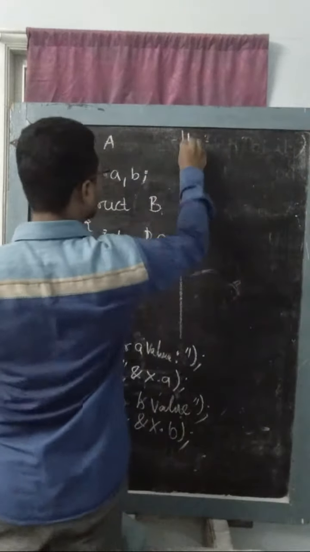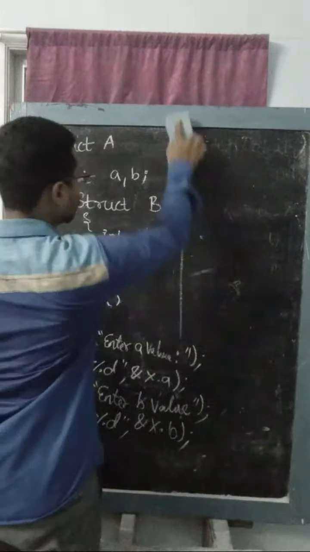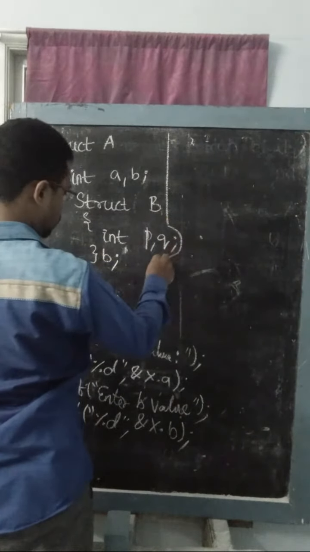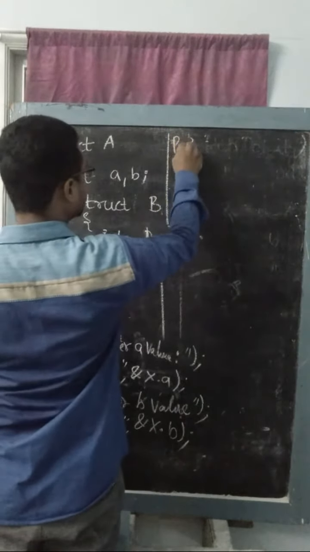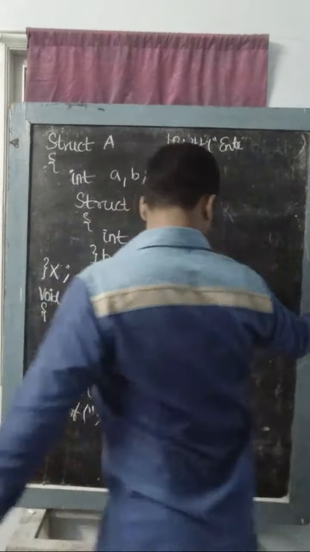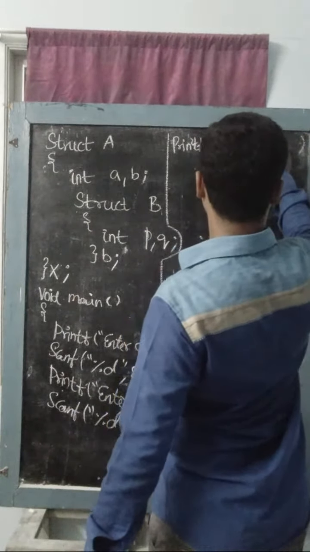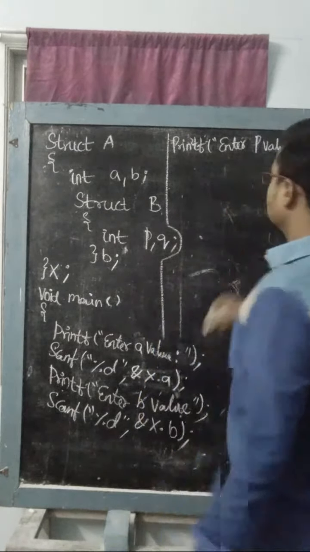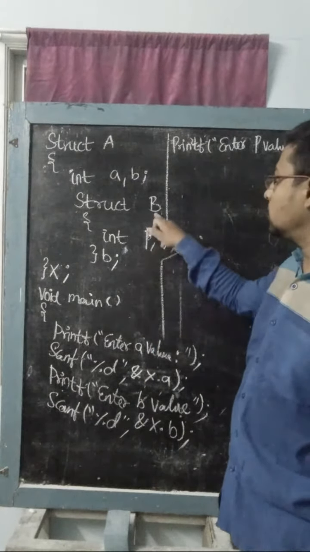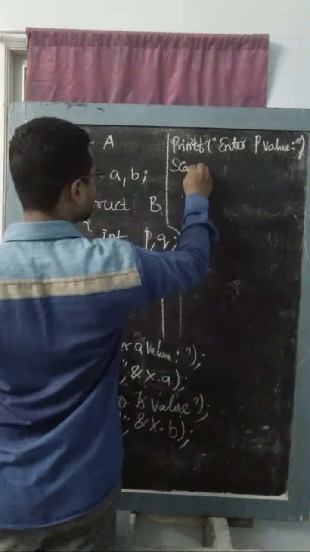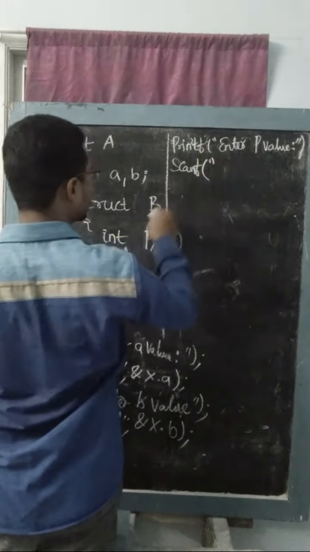We have to get printf, enter P value. P is an element of the structure B, and it is nested in structure A. So we have to use a new concept: two objects.